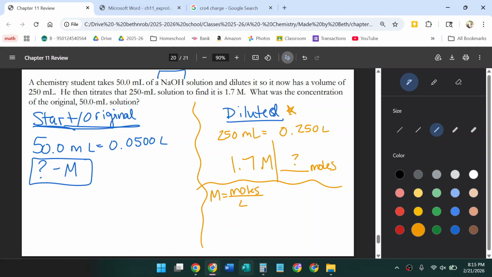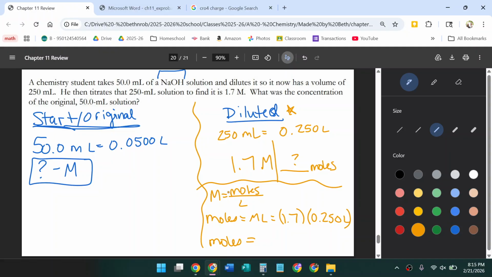So whatever moles we have in the diluted version, we had that same number of moles in the original. We just didn't have as much water diluting this stuff. So let's take moles equals M times L, 1.7 times 0.250 liters.